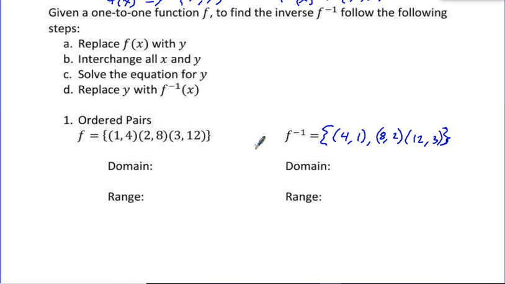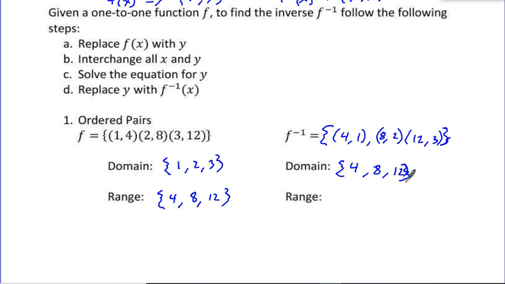The domain of the original function is the list of x values, or the set of x values, 1, 2, 3. The range is the set of y values, 4, 8, 12. Now when we look at the inverse function, we see the domain now is the x values, which are 4, 8, and 12.